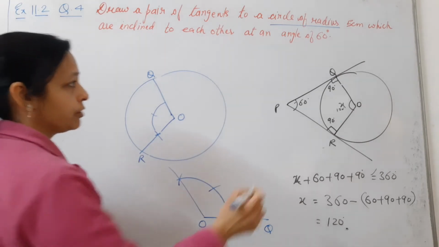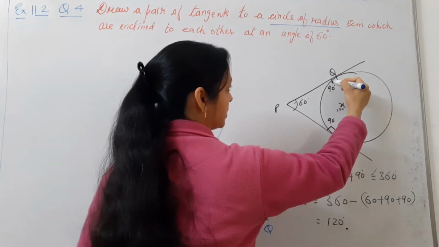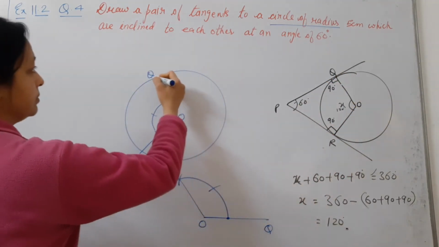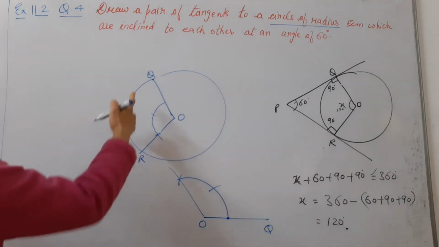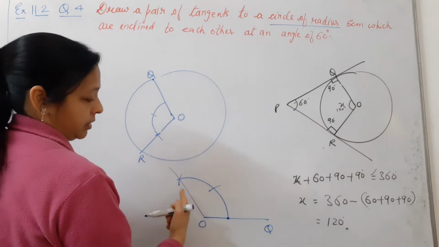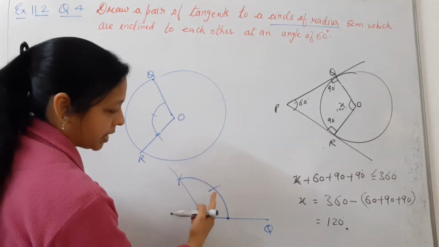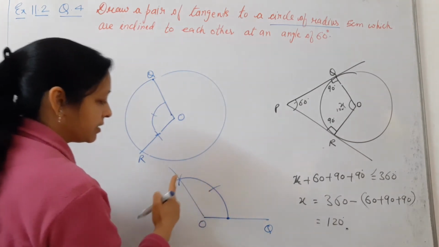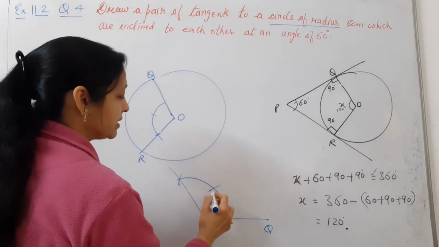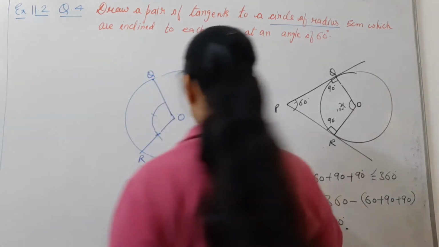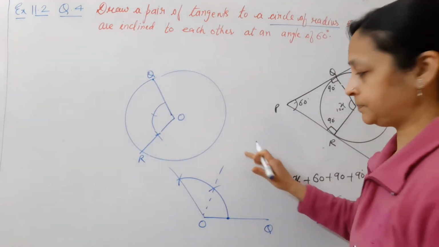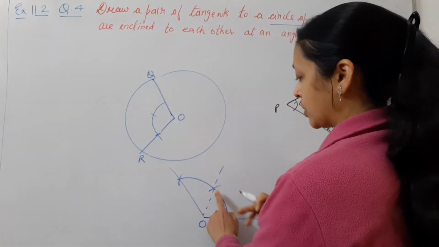Now what we have to do? We have to construct 90 degrees on QO at point Q. For the construction of 90 degrees, you can repeat this procedure after constructing 60 degrees and 120 degrees. If you bisect these two angles, 60 degrees and 120 degrees, then you will get 90 degrees. This you have already done in previous questions.